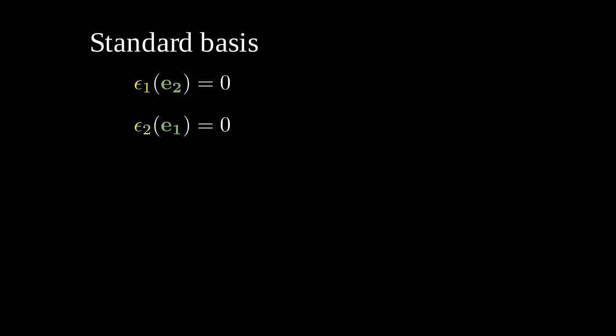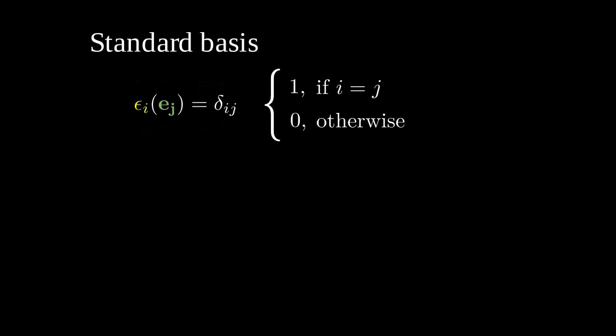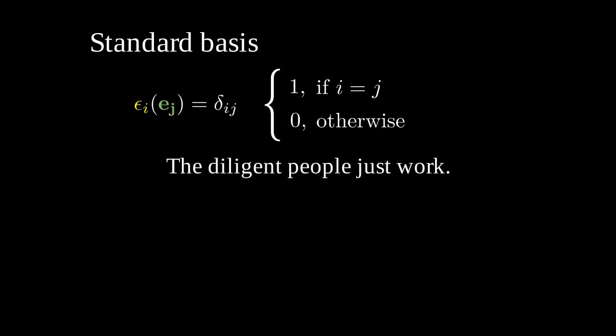That is great. You finally see why mathematicians define the basis with the Kronecker delta function. By this definition, you don't need to think about something. You can be lazy. This is amazing 0. The diligent people just work.